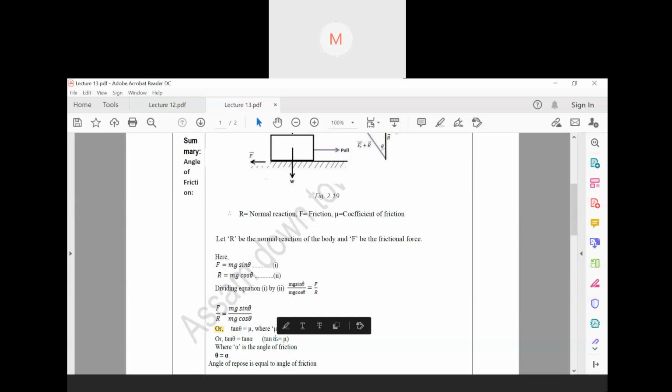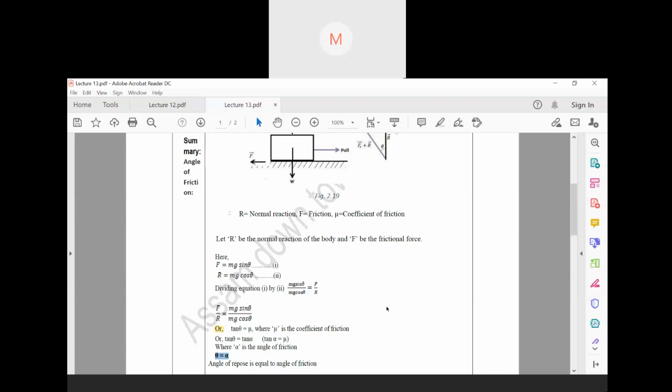Then you can write tan theta equal to tan alpha, you can write or not? Let us think that alpha is the angle of friction. Then tan theta equal to tan alpha, then theta equal to alpha. As simple as that. So therefore we can prove that angle of repose is equal to angle of friction.